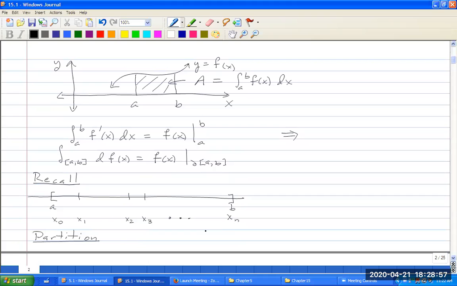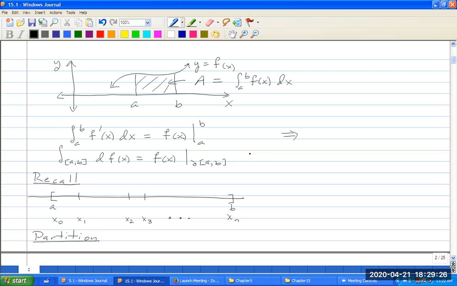So we want to extend this idea to functions of more than one variable. I can write this as the integral over the interval ab of the differential of f, which is just f prime dx, is equal to f evaluated on the boundary.